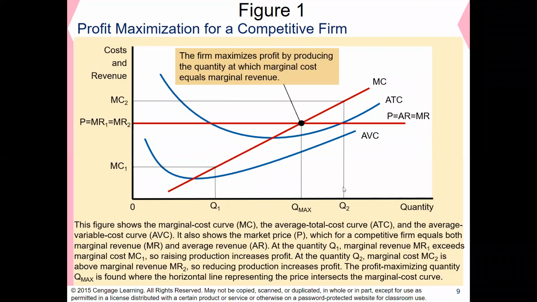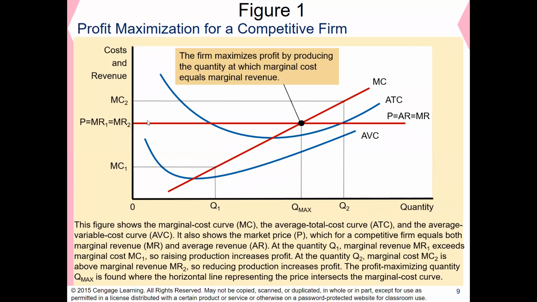At quantity 2, here, marginal cost is higher than the marginal revenue. So decreasing the production will increase the profit as well. So you should be able, by the table, you understood how to find a maximized profit level. Now by diagram, this is the way.